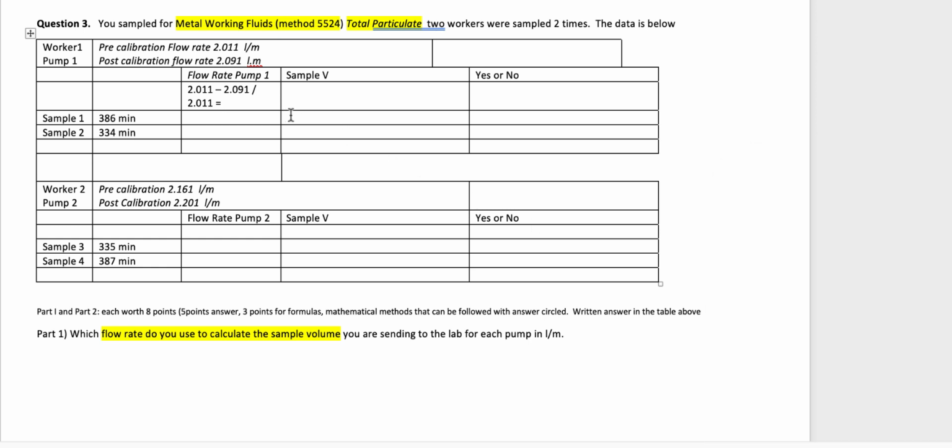So my percent error was 3.9%, and therefore I can use the average.